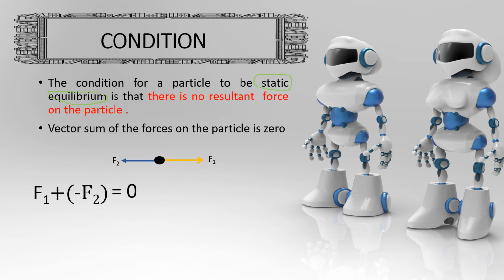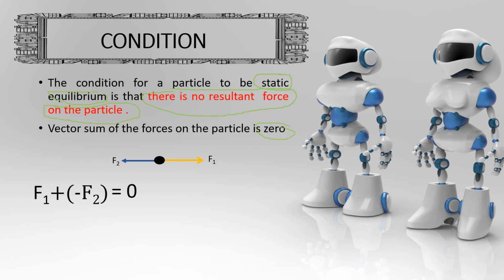The condition for a particle to be in static equilibrium, that is when it is stationary, is that there is no resultant force on the particle. That is the condition. This means that the vector sum of the forces on the particle is zero.